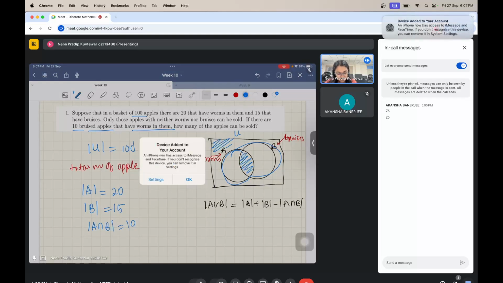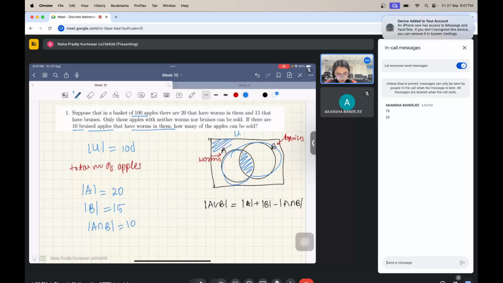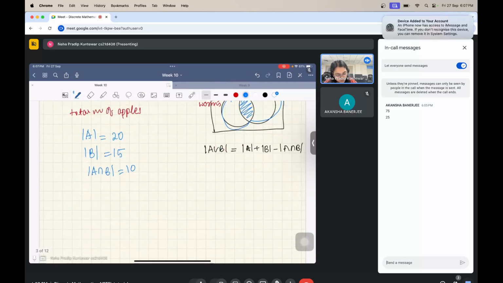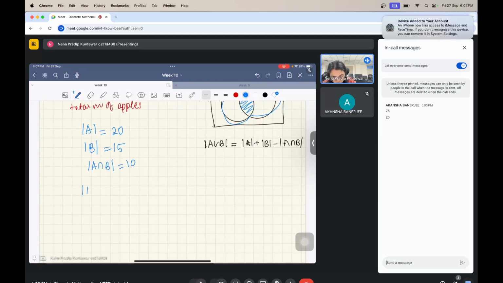By this you know the size of A union B is the size of A plus the size of B minus the size of A intersection B. This turns out to be 20 plus 15 minus 10, which is 25.